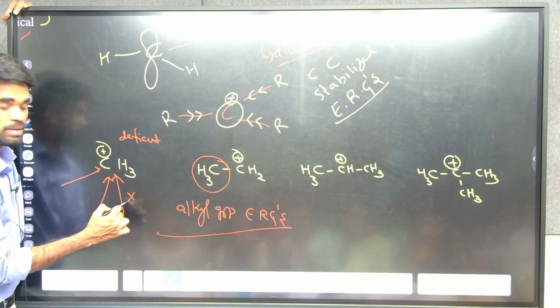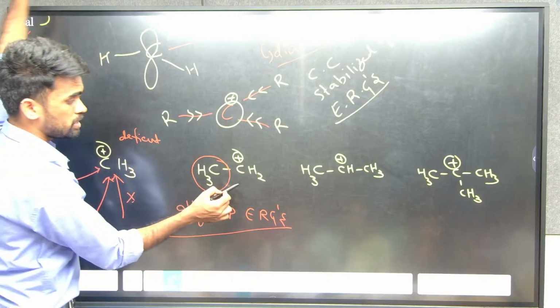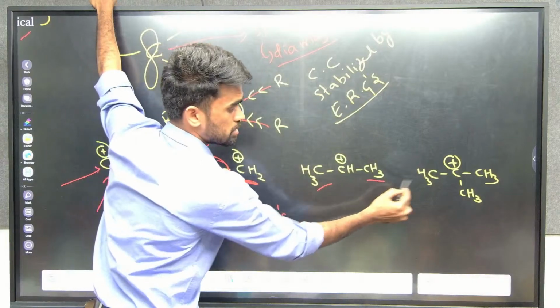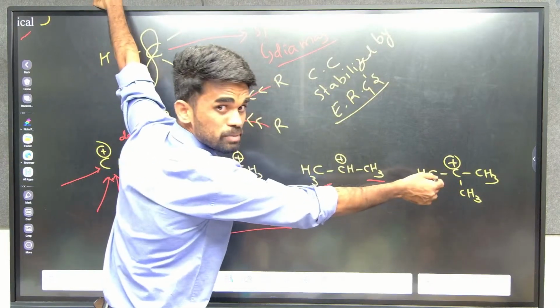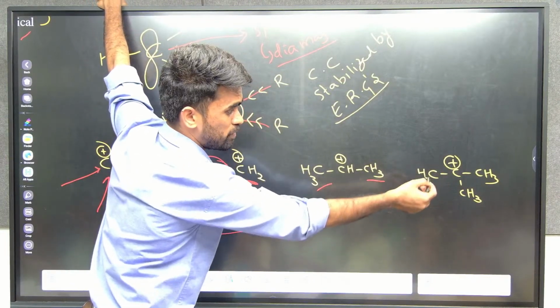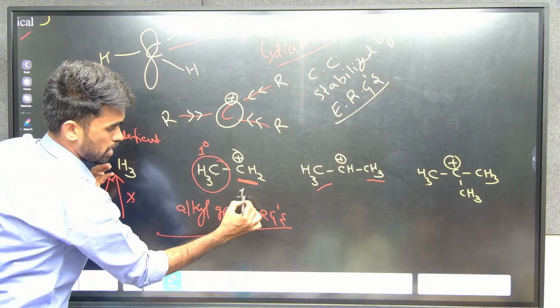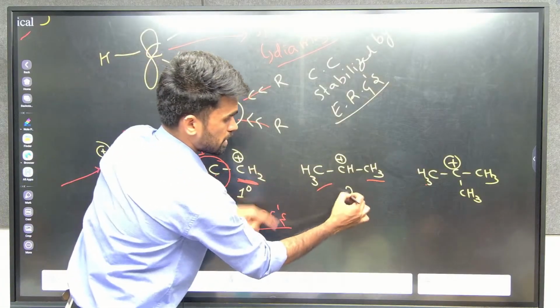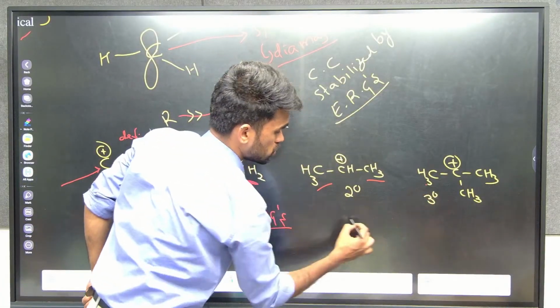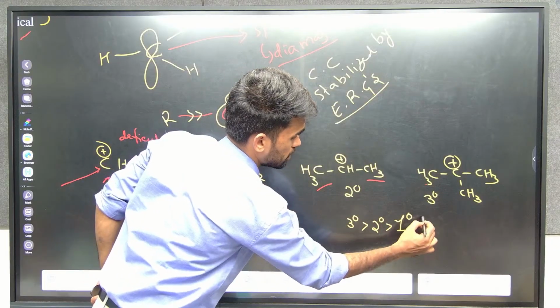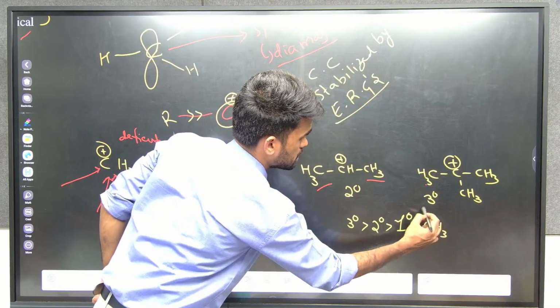No, so it will be less stable. What about this? 1 alkyl group is there, then 2 alkyl groups, then 3, so it can be stabilized 3 times. I will tell you what effects we need to consider there. This is a primary carbocation, secondary, and this will be tertiary. Which is more stable? The reasons we'll discuss in the upcoming slides.